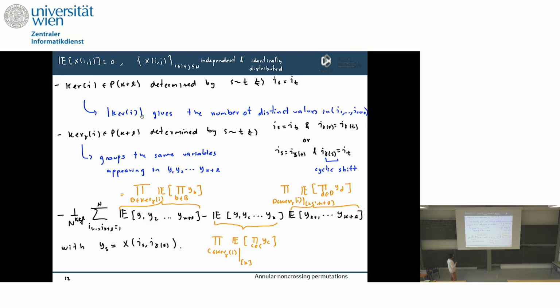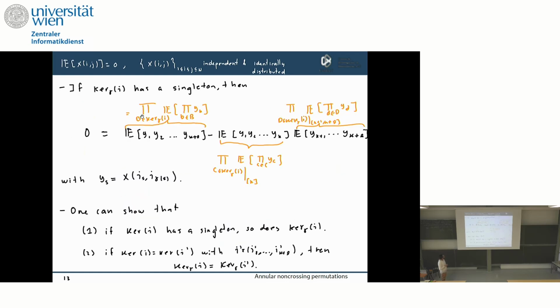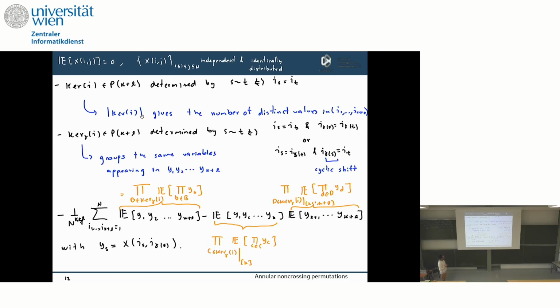Now, by independence, the first expected value in my expression is just going to be a product of expected values, and the same goes for the second term here, right?